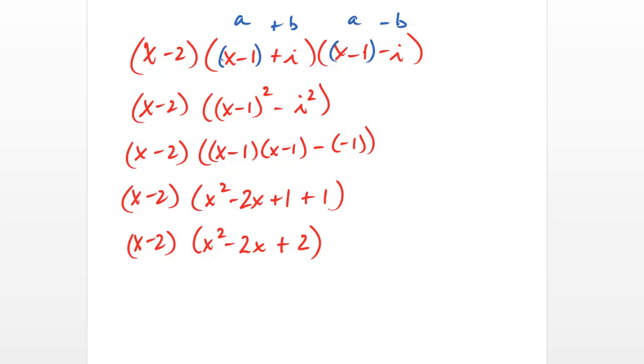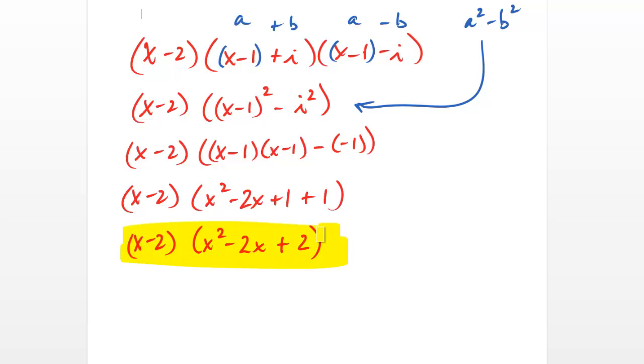A plus b and a minus b is a difference of squares, and so that would lead us to a squared minus b squared when we multiplied it together, which is where I got this particular term. And then I could do the x minus 1s that way, and if you notice, we end up with the same value there as we did in the previous one.